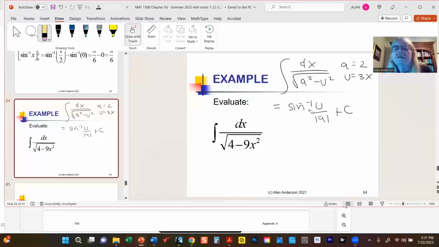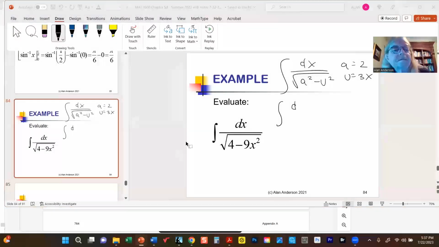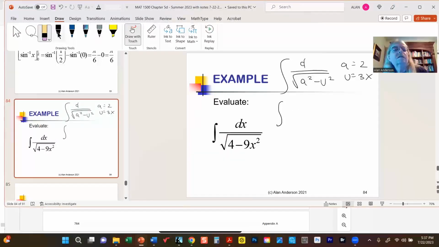Hold on. We're missing something important here. We're going to need du in the numerator, not dx. I did not copy this correctly. That's where I went wrong. This should have said du.